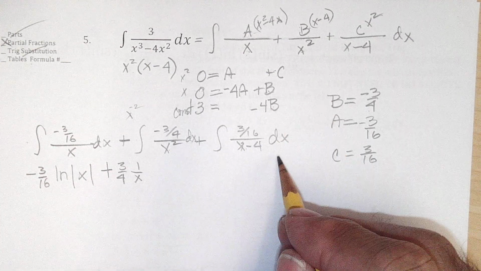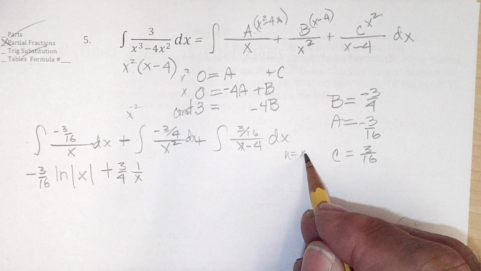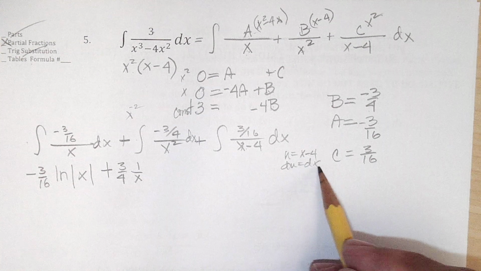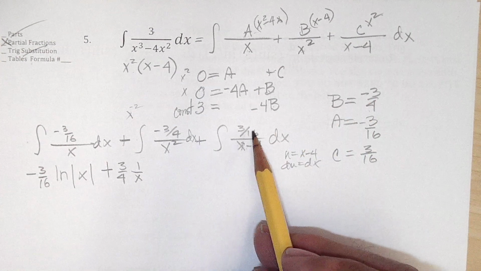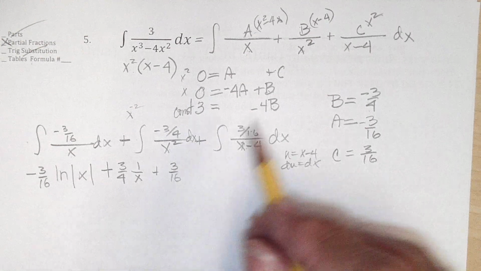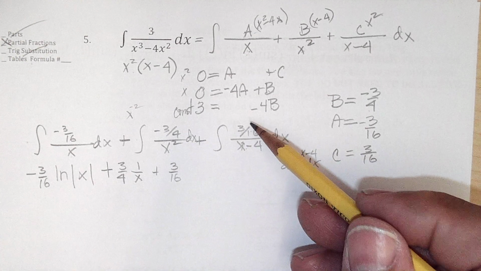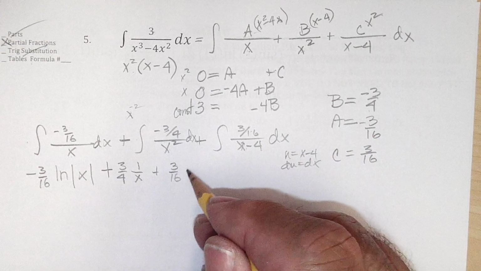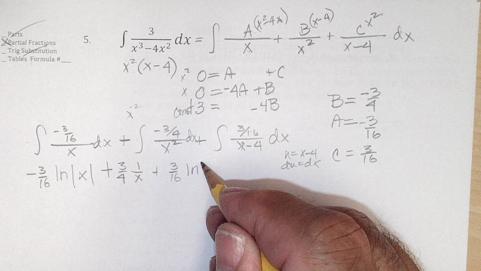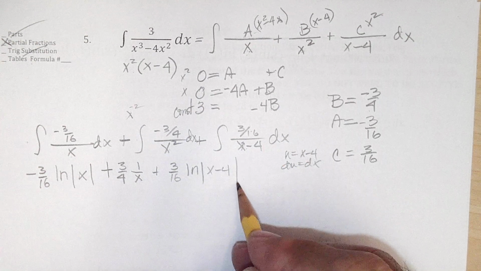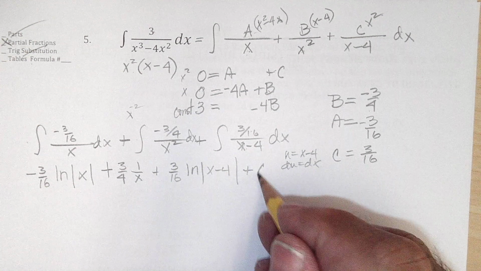And this one with a u sub equal to x minus 4, du equals dx, and so this becomes 3/16 times the antiderivative of 1 over u, which is ln absolute value of u, which is x minus 4, plus the c.